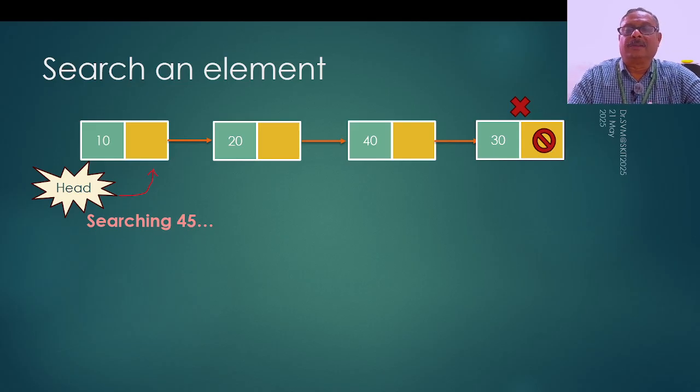That is the end of the linked list. Once we reach the null and still don't find what we are looking for, only then can we declare that the element 45 could not be found.